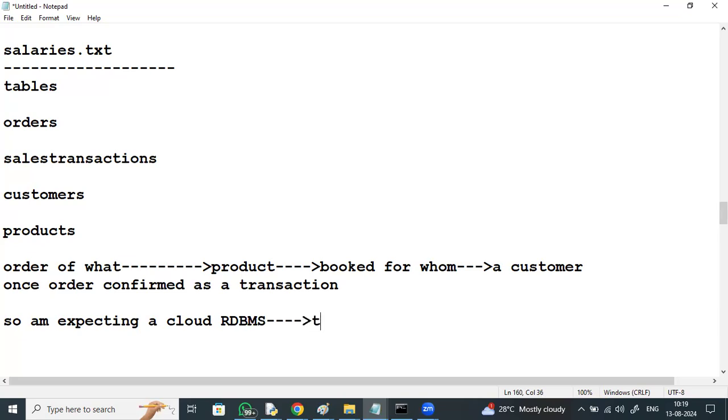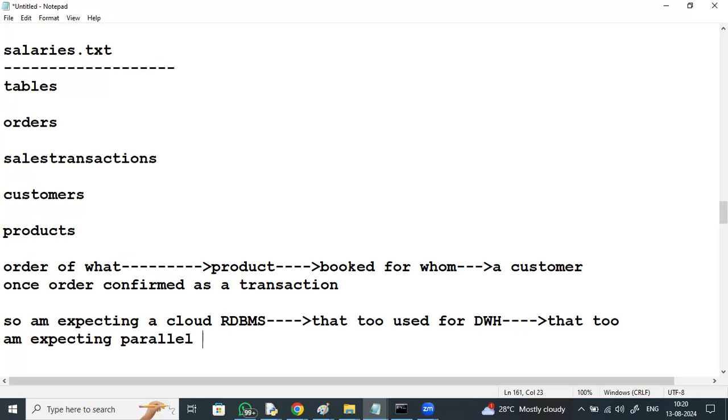I want to use it for a data warehouse, and I'm also expecting parallel processing.